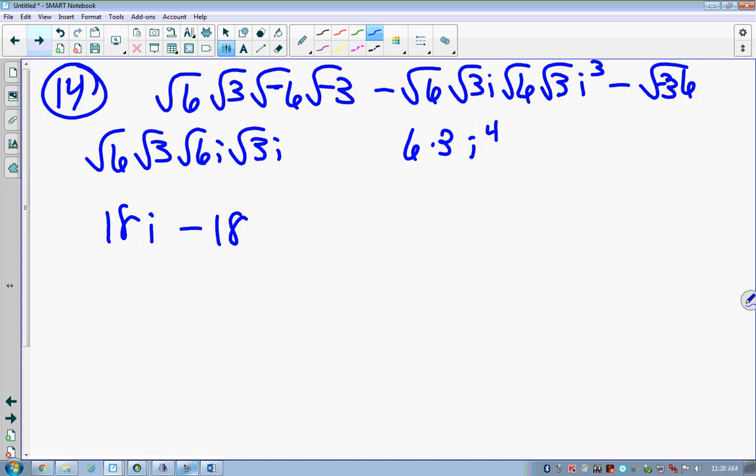Okay, so what am I bringing down here then? 18. So I have 18i minus 18, right? Because I already brought that negative down. Would the two i's in the first part be i squared, make that negative? Oh, okay, yeah, I see what you're saying. So that would be i squared, which would make this what? Negative 18. Good catch. So we've got 18 minus 18. Let's come over here.